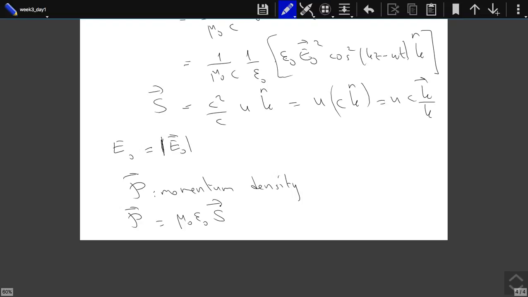It is mu 0 epsilon 0 S. Well, mu 0 epsilon 0 is 1 over c squared. S, we had just seen that it is energy density times c in the k direction. So it is u over c. This is the momentum density.